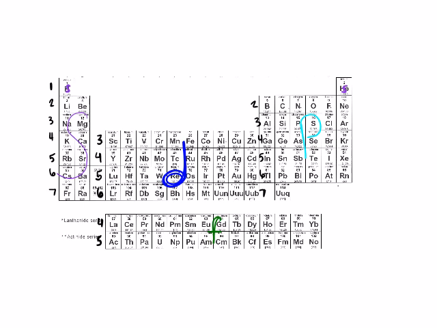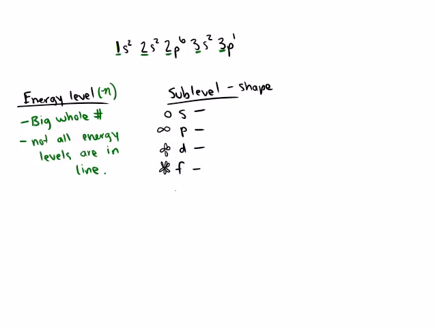F's take 1 through 14. Every number that I'm telling you can literally be counted on your periodic table. So S's have 2 electrons, P's have 6 electrons, D's have 10 electrons, F's have 14 electrons. Okay, S, P, D, F.